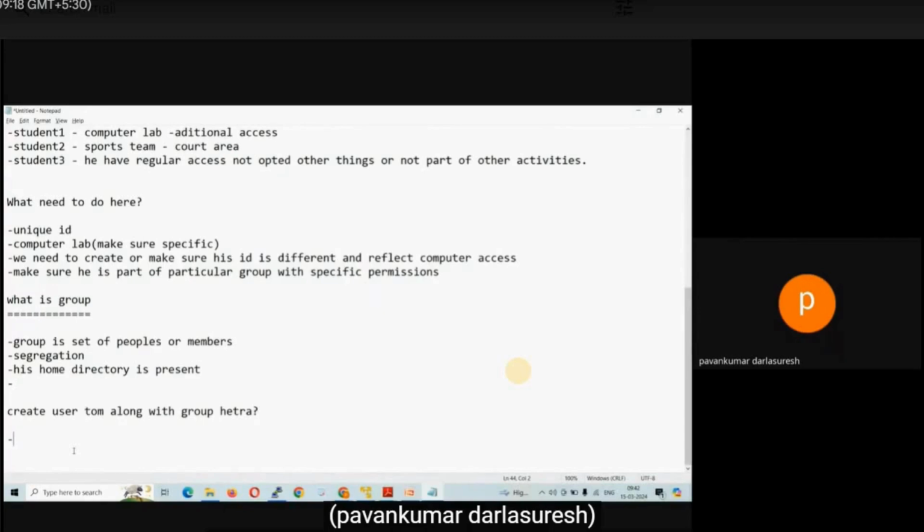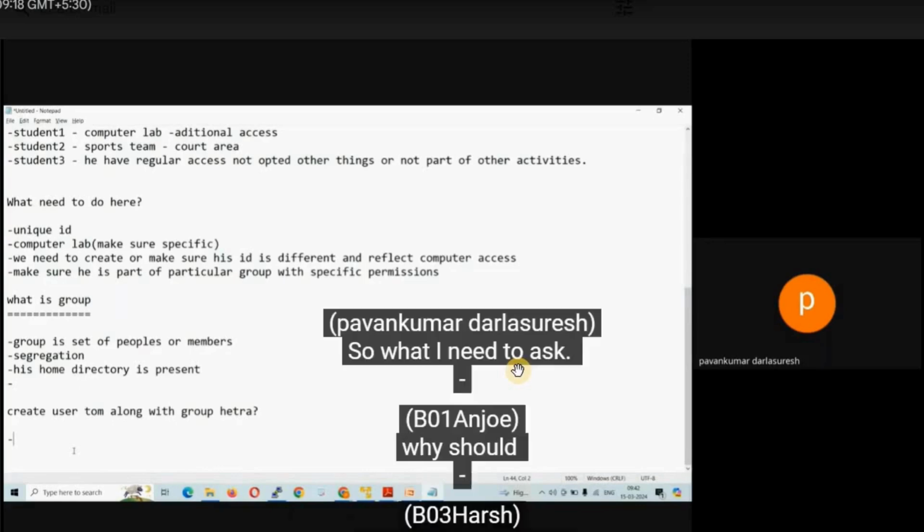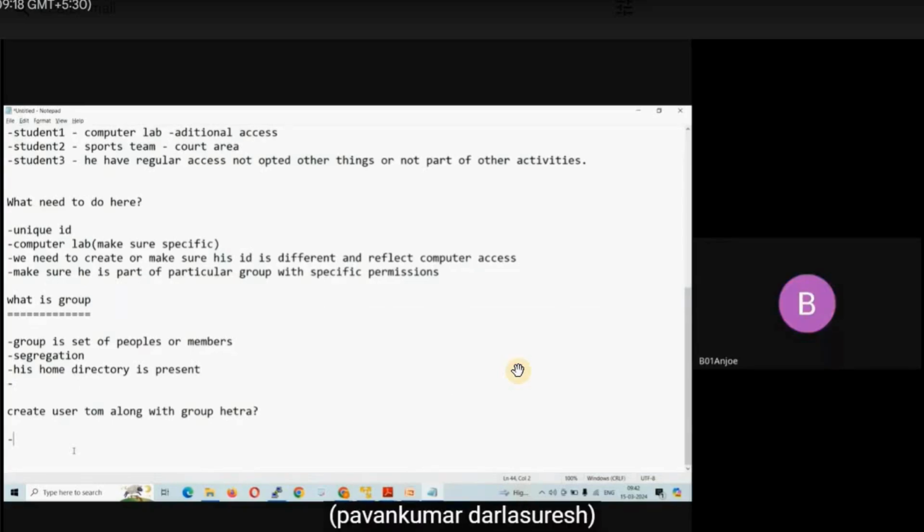So by seeing the above conversation, what are the things I need to ask the user who raised the request? I think yesterday or the day before yesterday, we also had a discussion on this.